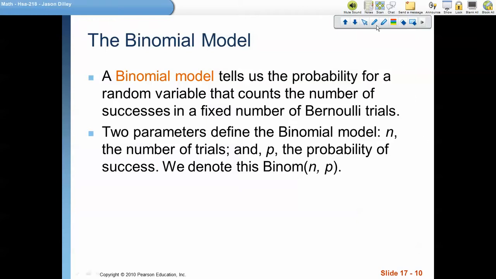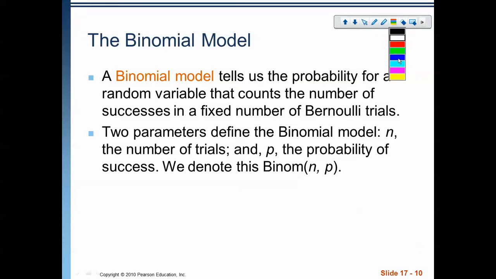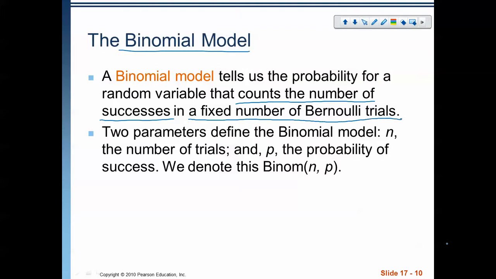Yesterday we talked about the geometric model, and we know it's geometric when they're asking a question like, you're going to have a bunch of failures, what's the probability of this one being your first success? That's all geometric. The binomial model tells us the probability for a random variable that counts the number of successes in a fixed number of Bernoulli trials.